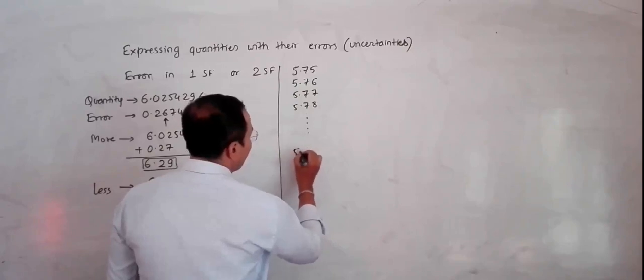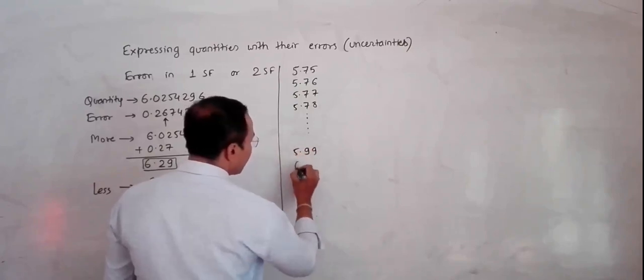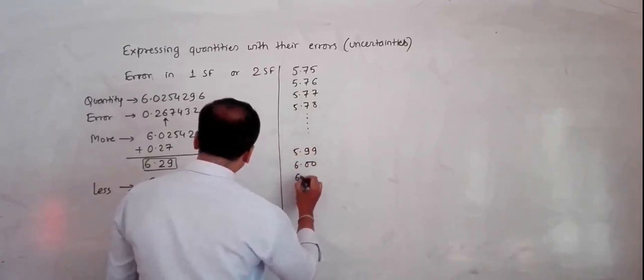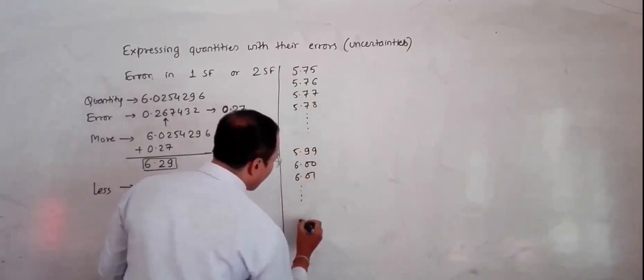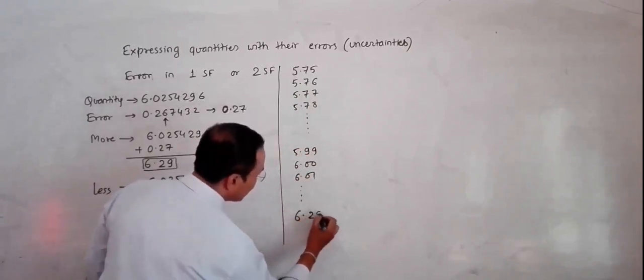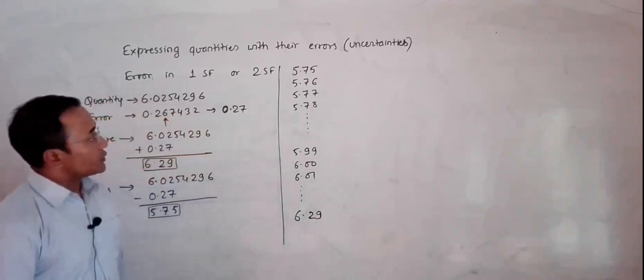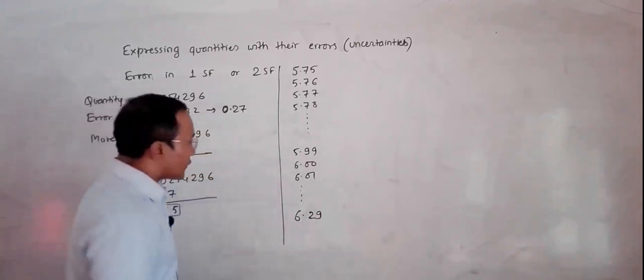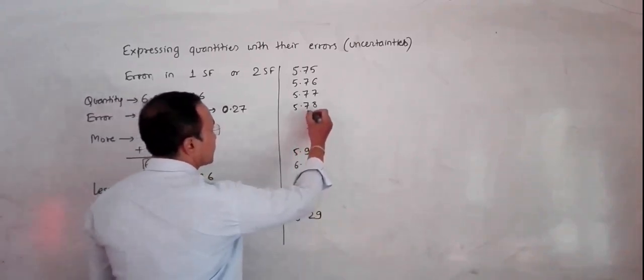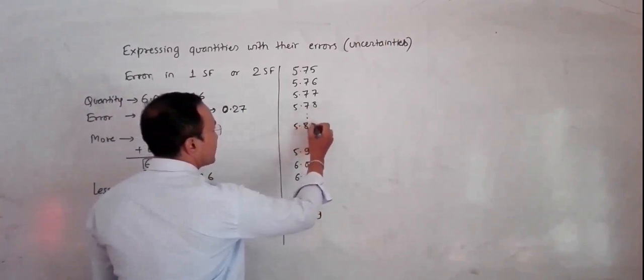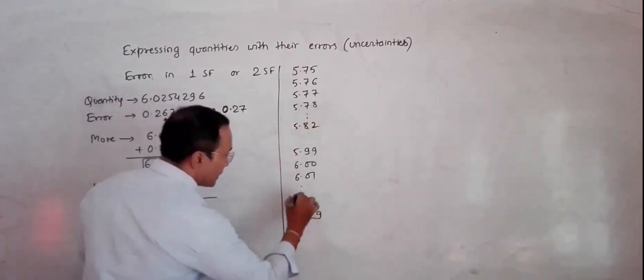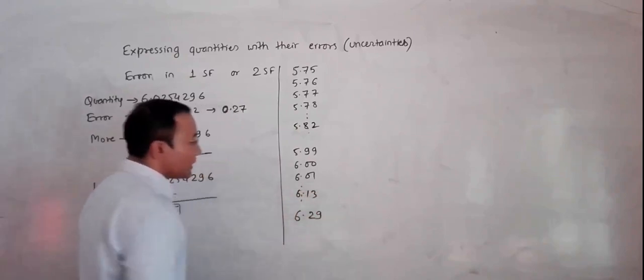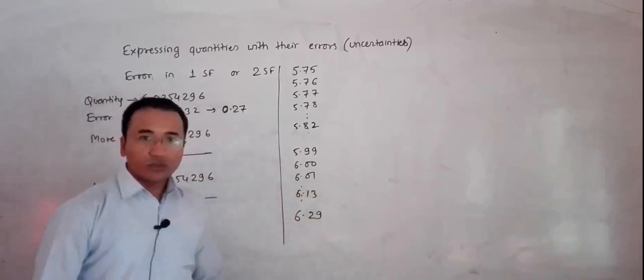It can go up to 5.99, then 6.00, 6.01, up to 6.29. So the quantity can go from here. It goes to 5.82 maybe, somewhere here it might go to 6.13 maybe, and it goes to 6.29.